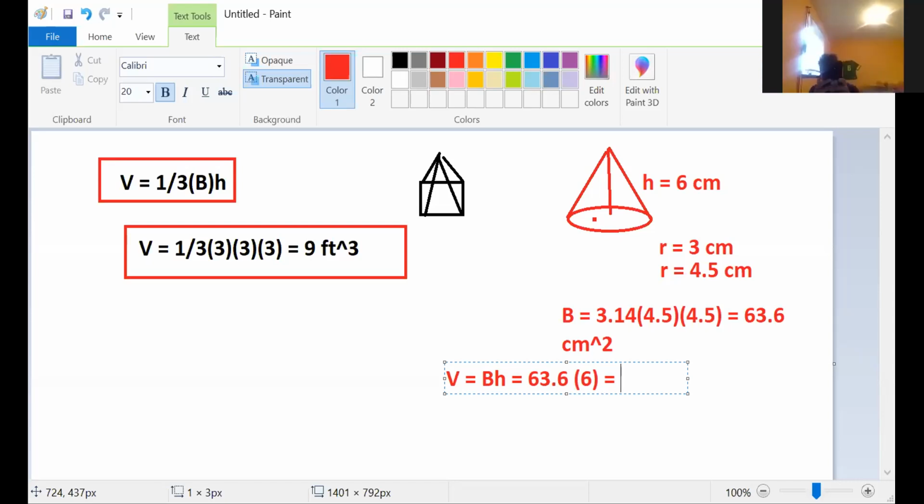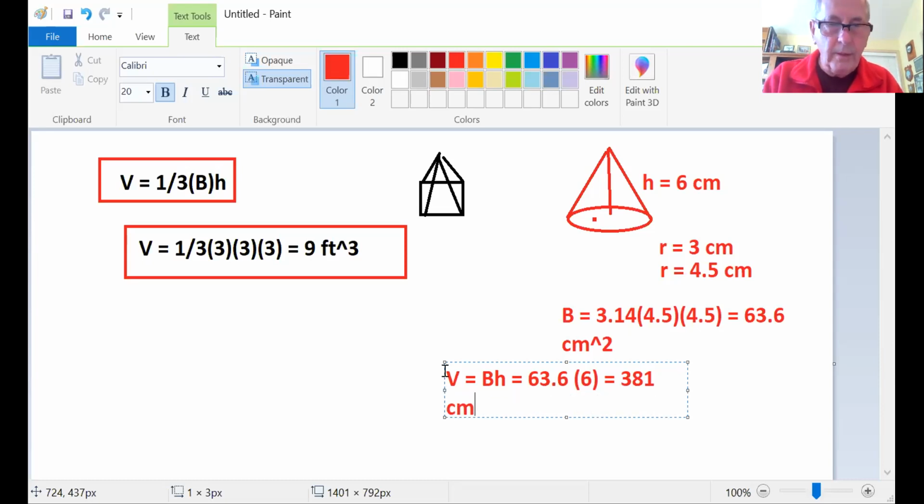And what is that? 360, 370, somewhere around there. 63.58 times 6 is 381. Okay, we'll go with 381, and that's centimeters cubed, right?